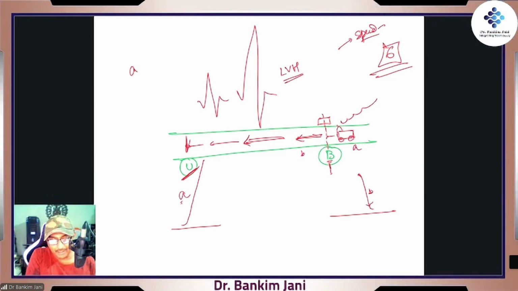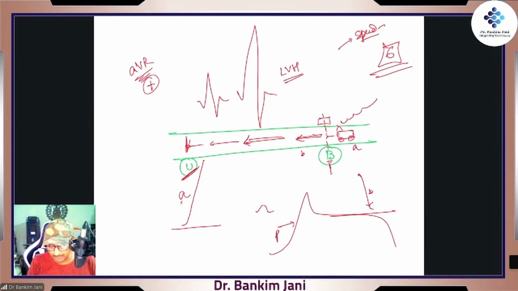So aVR is a positive electrode, positive in the sense it is the eye. We are watching it from there. The P wave is for the SA node, and the P wave, we said, is the atrial depolarization. Okay? Atrial depolarization. That means it is this part in the atria.